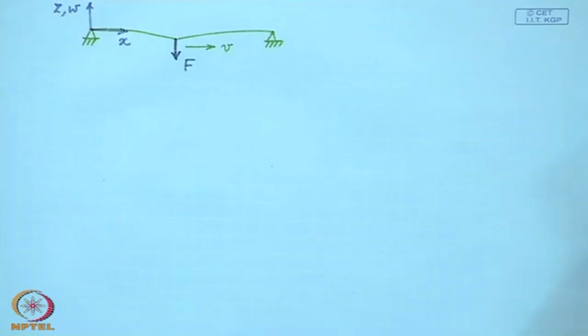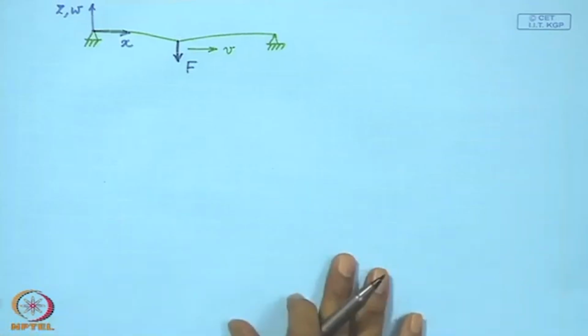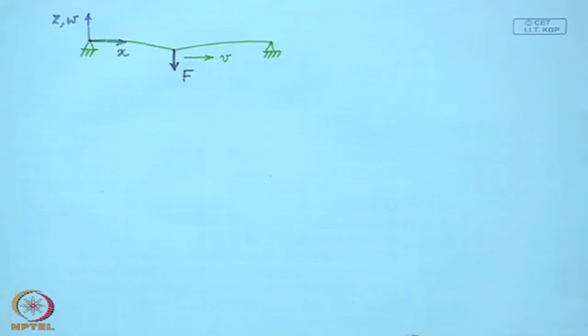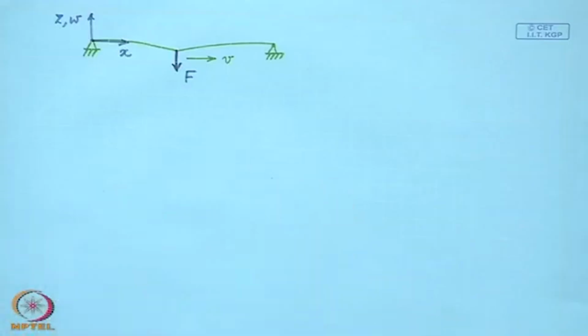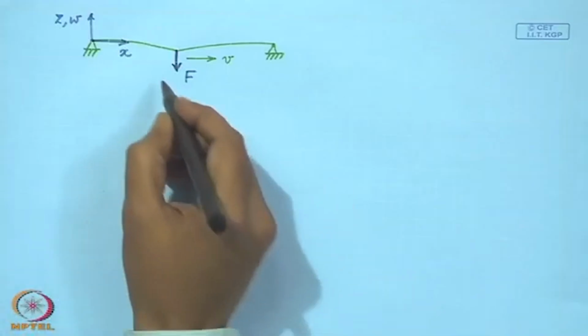So, if you have this situation, the concentrated force is moving at a constant speed v on the string.